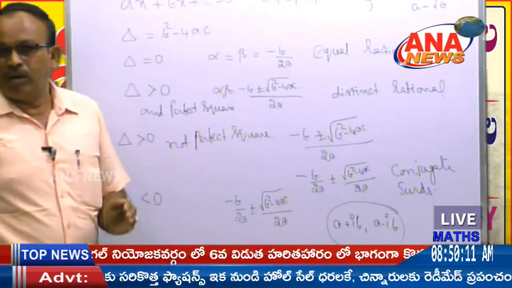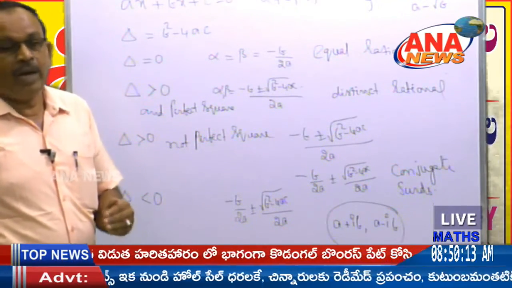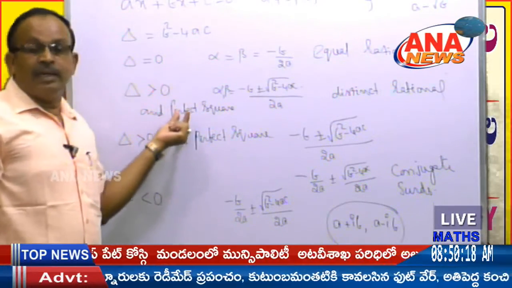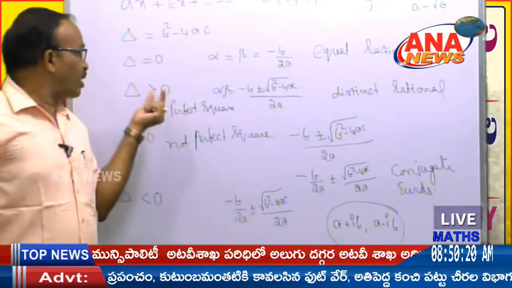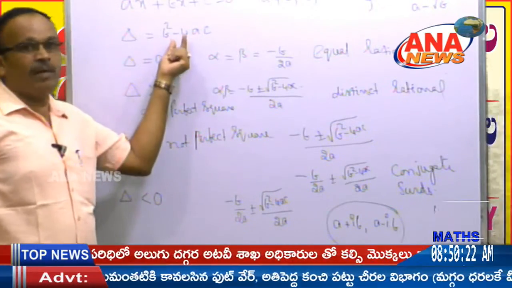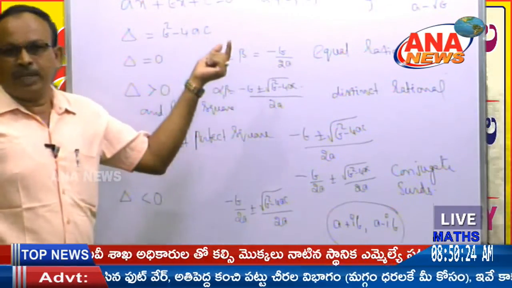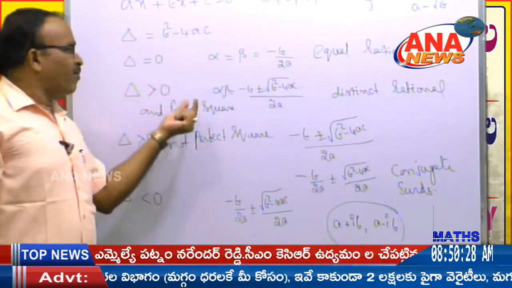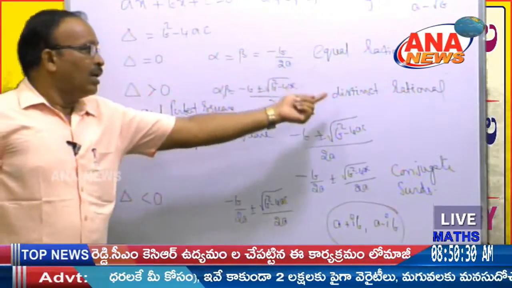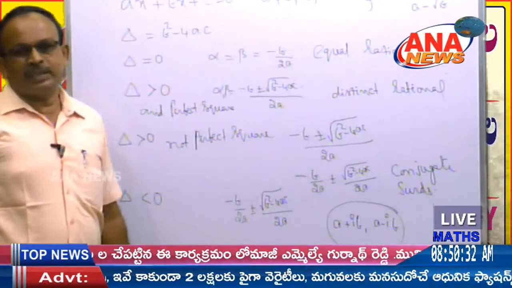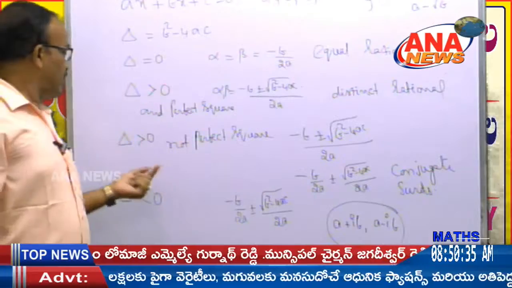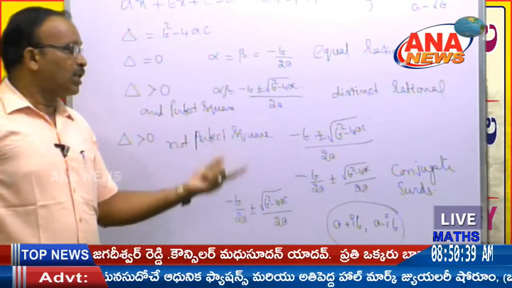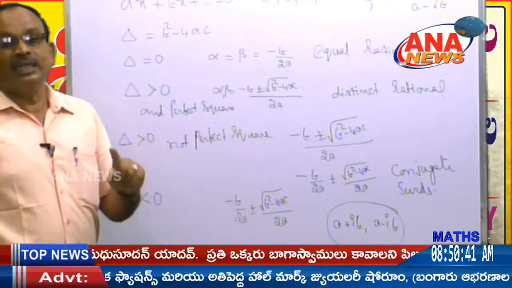If delta is greater than 0 and a perfect square, what is delta? b square minus 4ac. If b square minus 4ac is positive and a perfect square, then the roots are distinct rational numbers. If delta is greater than 0 but not a perfect square, the roots are conjugate surds.